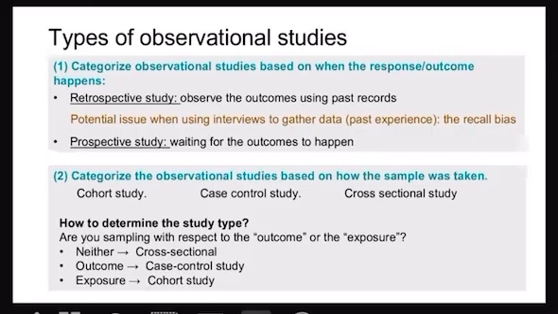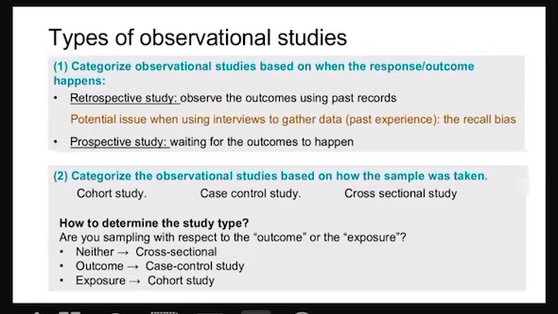Looking backward is retrospective. Looking backward is just for us to observe the outcome from past record. If you go to some website, they have a record of data that you can take a look at.